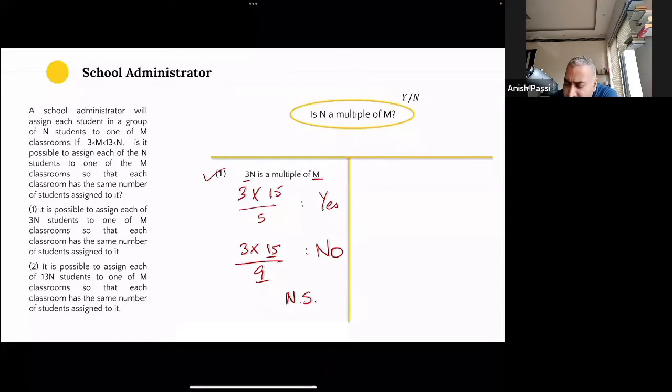The key was, though, to understand that I started with some values, got one answer, and then I started focusing more on what kind of values I need. The values that I tried gave me a yes answer, so that's why I then focused my energy on how to get a no answer. What does a no answer even mean? 3n should be a multiple of m, but n should not be a multiple of m.